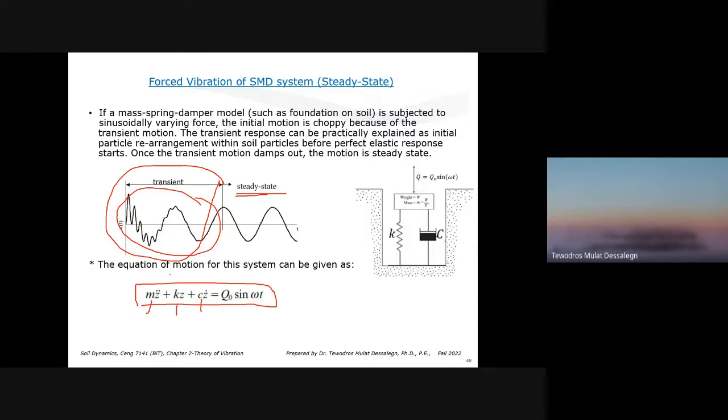The sum of all these three should be what's applied on the machine foundation in this case, the input motion, which is Q naught sine omega t. Q naught is that amplitude. Sine omega t depends on how it's behaving. You have the input motion, which is cyclic, like a sine wave, but Q naught is the amplitude.